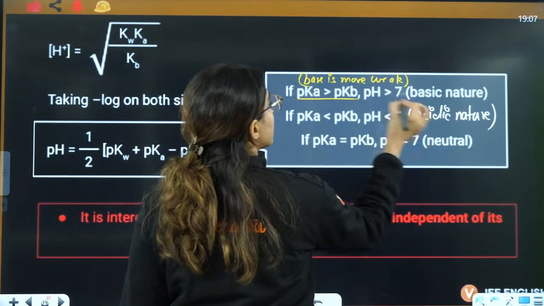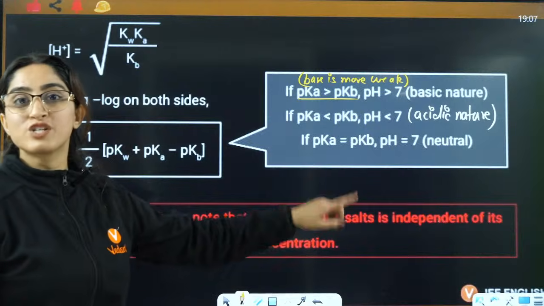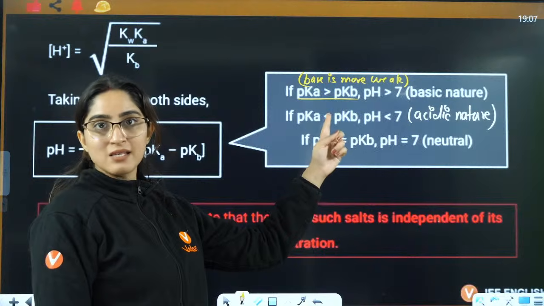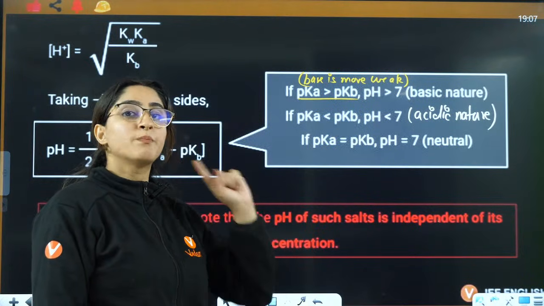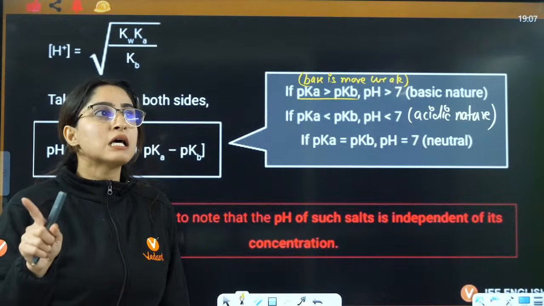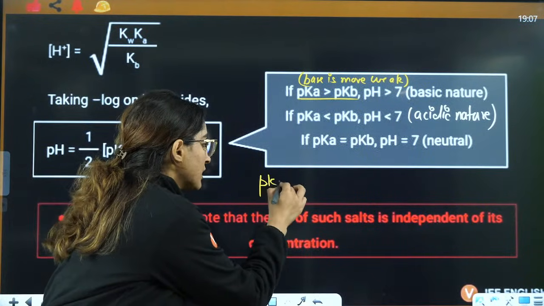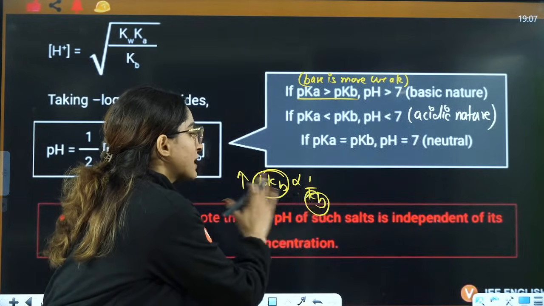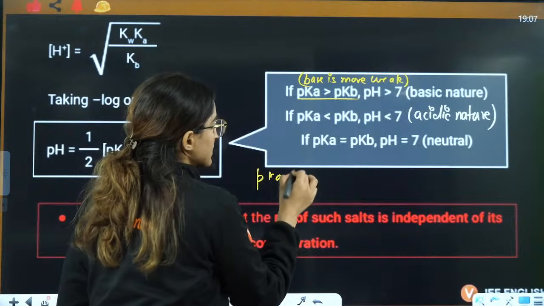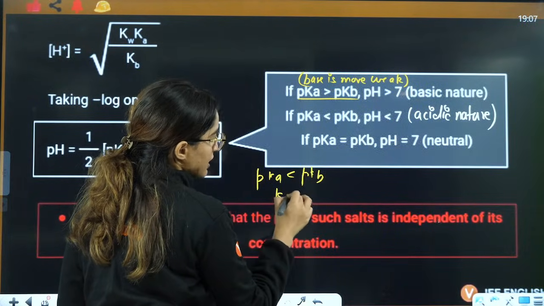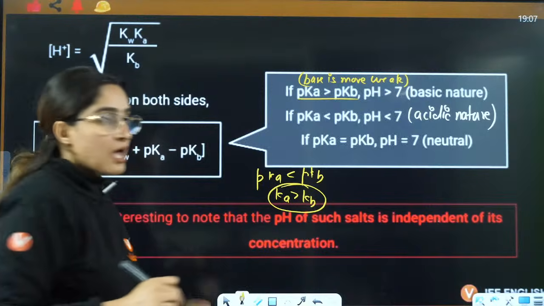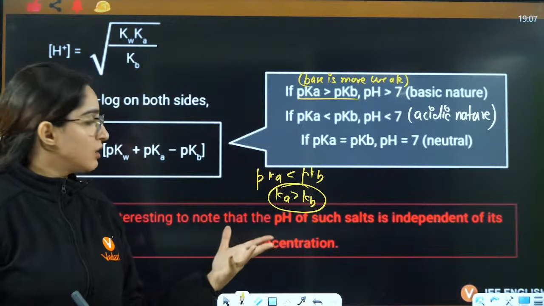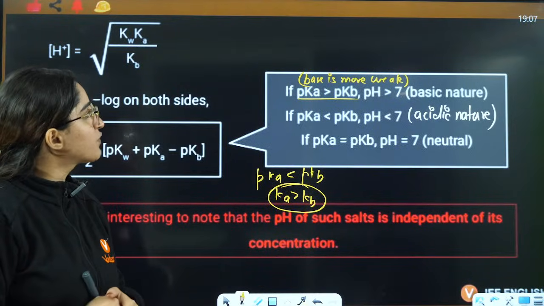That is the reason the nature of the solution depends on which one is more weak. pKb is inversely related to Kb. If pKb is greater, Kb will be less. If pKa is less than pKb, that means Ka is greater than Kb.